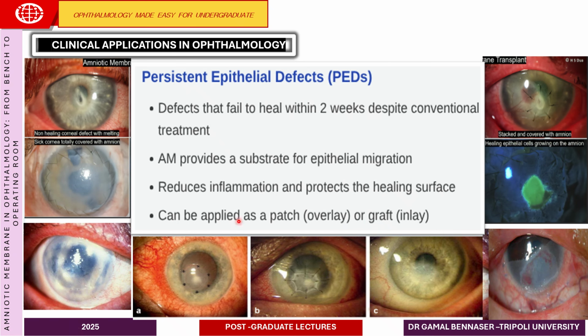The most common application is in the presence of persistent epithelial defects, as you can see here. And we explained that this is because of its role in promotion of the epithelial adhesion, migration, and proliferation, and this will help in the healing of the surface corneal epithelium.